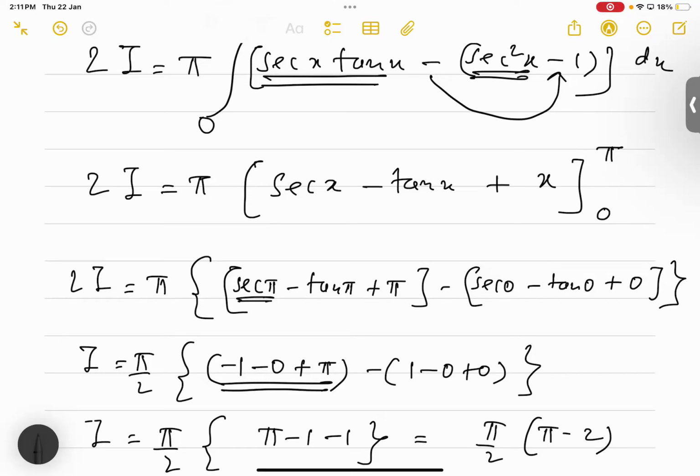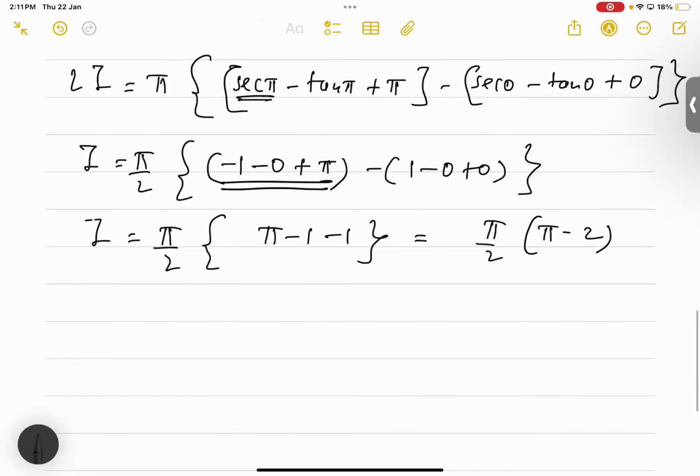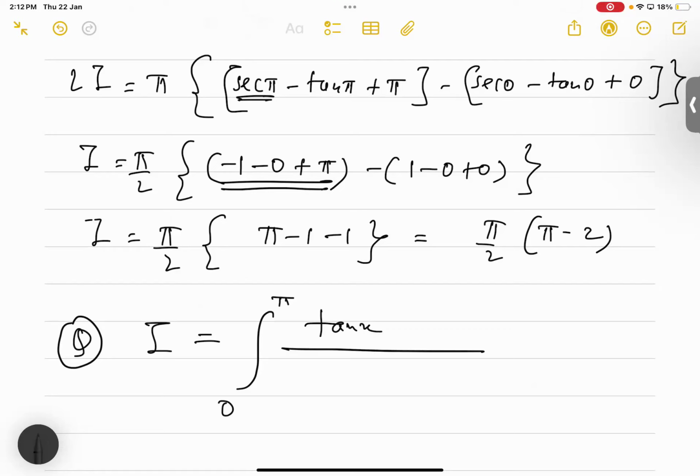Okay. Next problem. Again, I am just giving you the hint. You try. Integral 0 to pi, x tan x sec x cosec x.